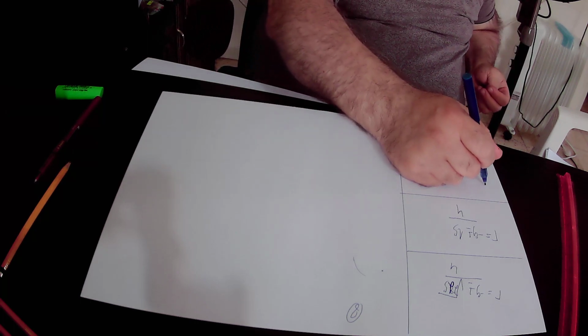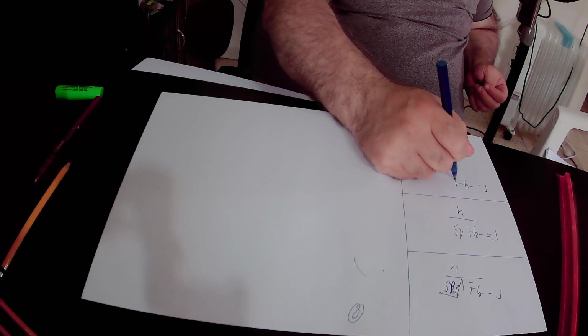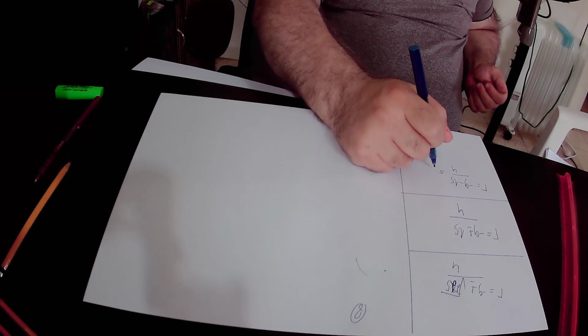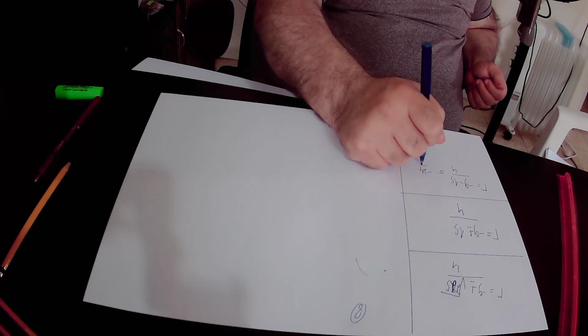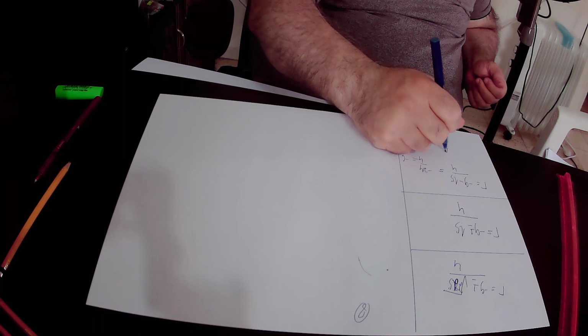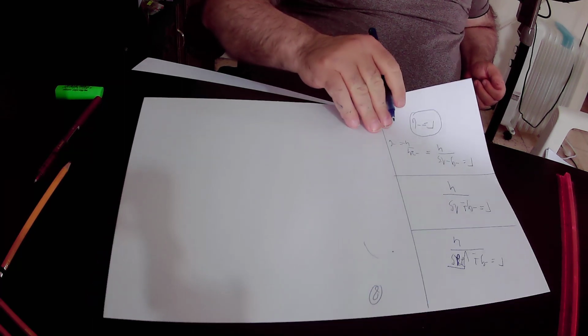The first solution for r is that r equals minus 9 minus 15 over 4. Minus 9 minus 15 is minus 24, and minus 24 over 4 is minus 6. So we found that r equals minus 6. That is a negative number.